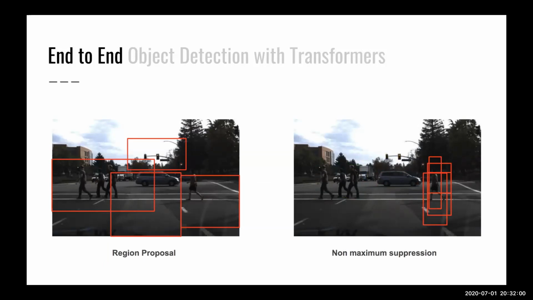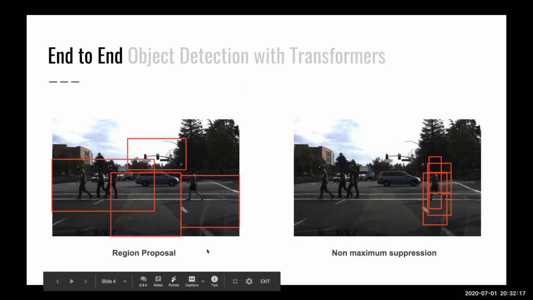End-to-end means that object detection runs in a single shot without auxiliary methods that are used in some other object detection models, such as RCNN. So for example, region proposals.